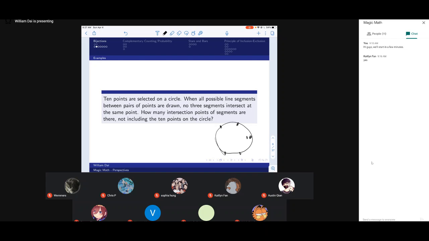Okay, so here's 5 points on a circle, and here's what it's going to be when all of the diagonals are drawn out here. Okay, so there's five intersection points.